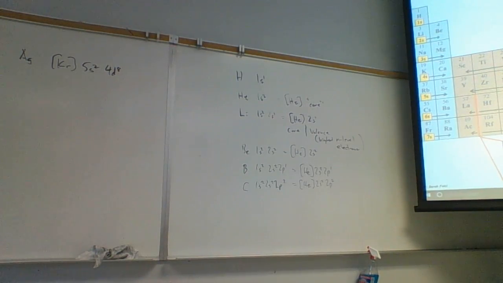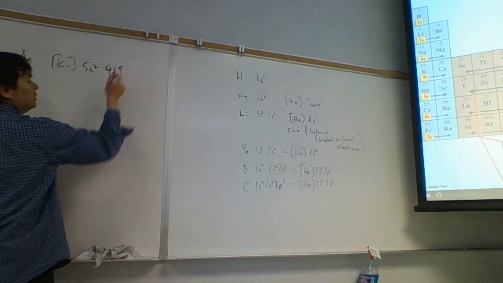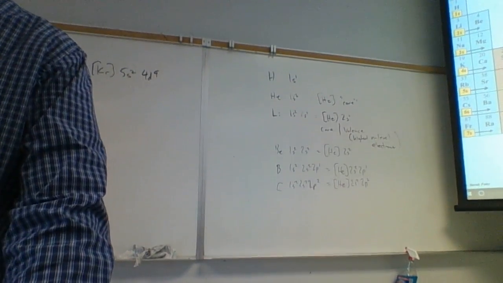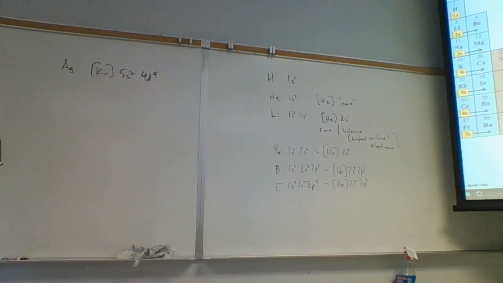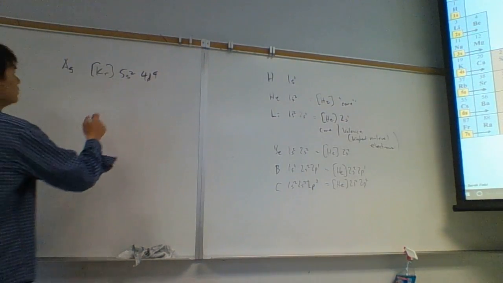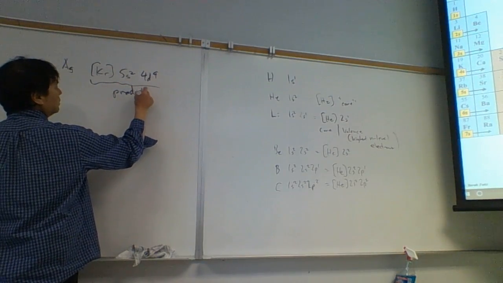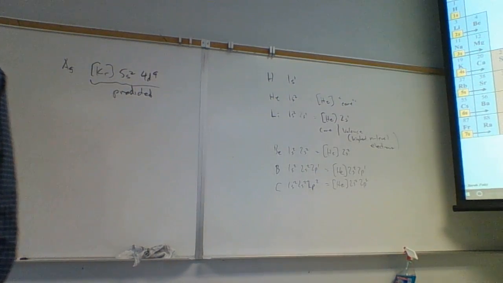Why would it not be 49? Oh, I screwed up. That's why I miscounted. It is 49. You're absolutely correct. And so this is what it looks like here. This is 5s2 4d9. This is what's predicted. However, what's observed is this.